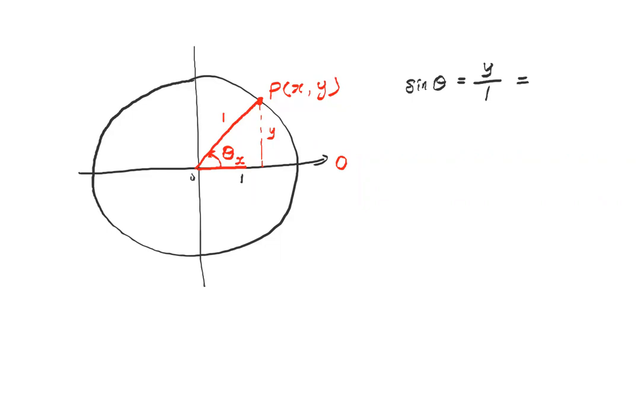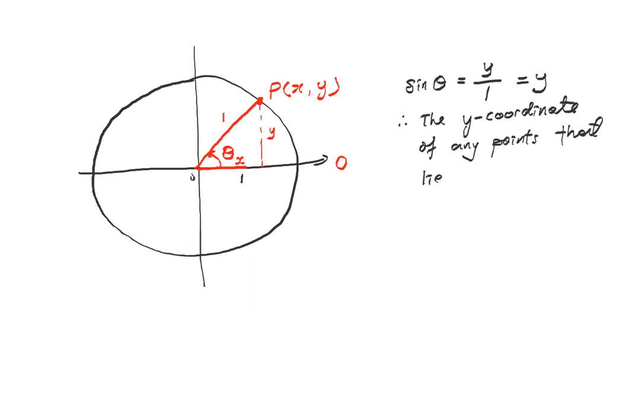So this is equal to Y. So from here, they make a conclusion: the Y coordinate of any point that lies on this circle represents sin of the angle. So the X will represent the cos of the angle.